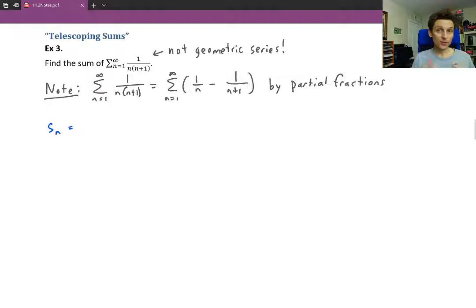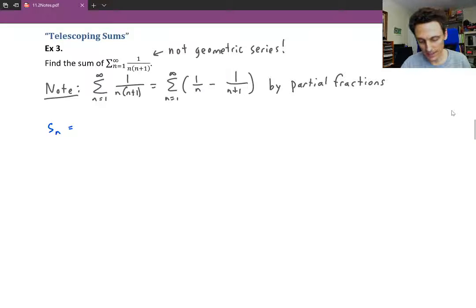Now, it turns out this new form of the terms are going to help us out quite a lot. We'll try to figure out what the nth partial sum looks like, and when we do, we're going to see that something magical happens. Let's write out the nth partial sum. So the first term of that nth partial sum there is going to be, well, n equals 1.